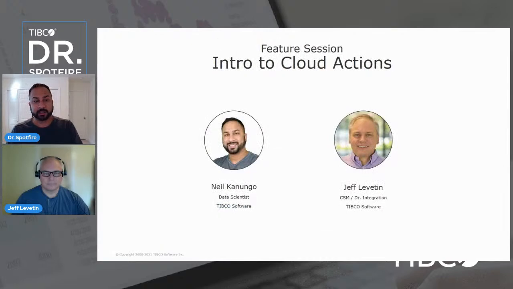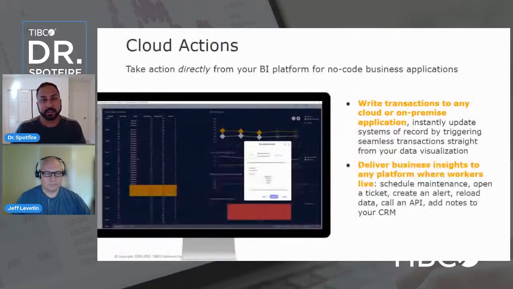So today's feature session is Intro to Cloud Actions. Cloud Actions is a new feature in Spotfire where you're going to be able to write transactions to any cloud or on-premise application. It's going to integrate with TIBCO Cloud Integration, TCI, and the TIBCO Cloud Mesh. We're going to explain what all of this means, but you're going to be able to access the TIBCO Cloud Mesh directly from Spotfire, and from there you can trigger hundreds of different actions to write to databases.